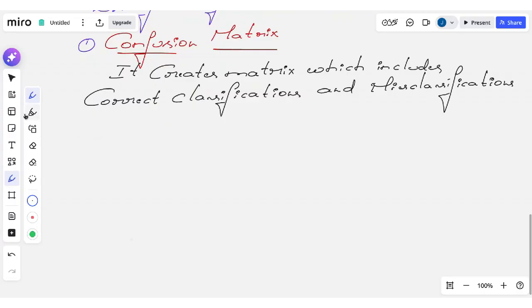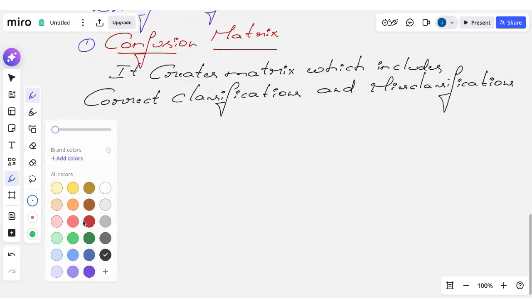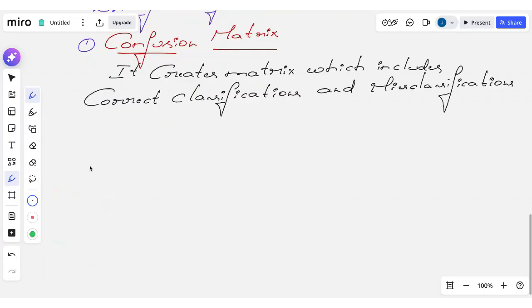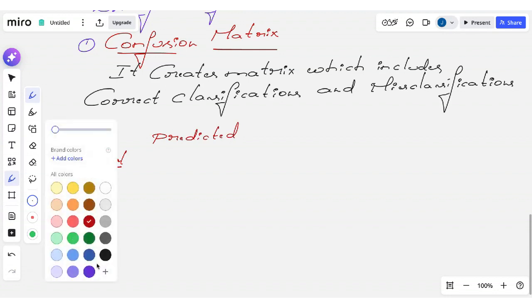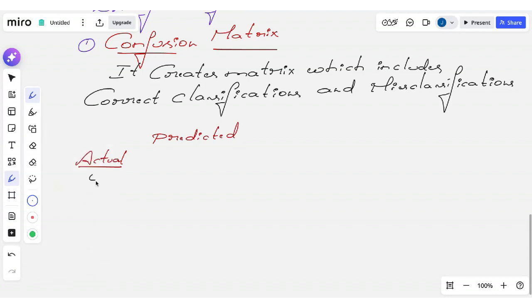When I see a confusion matrix, I'm taking actual values here, and here I'll take predicted values. Usually we will have two values, 0 and 1.